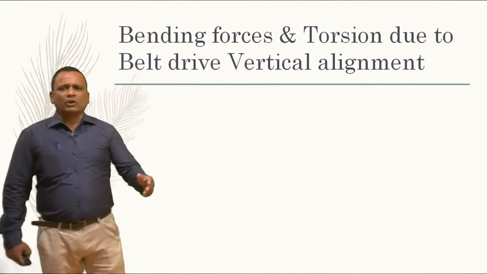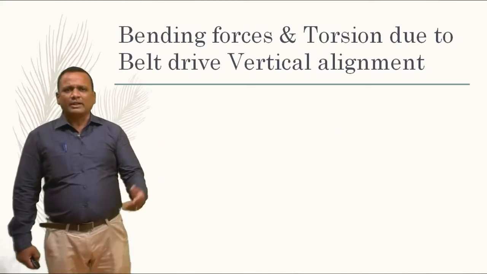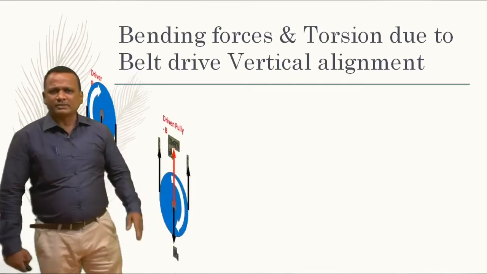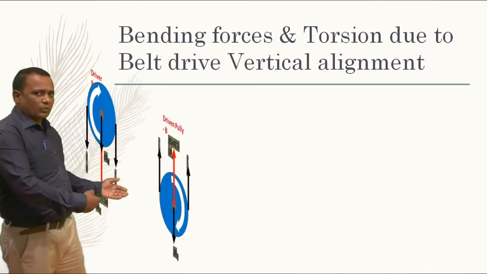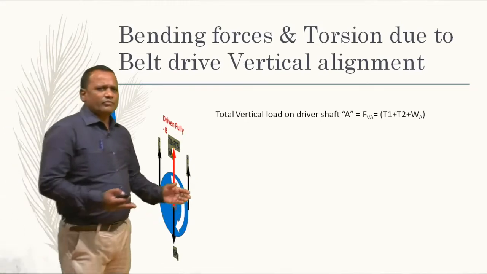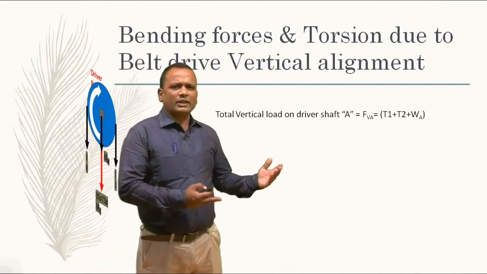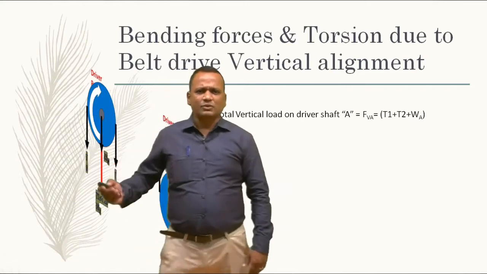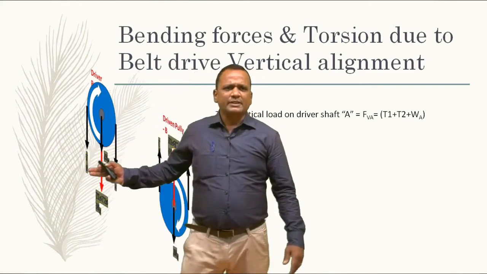Next, what are the bending forces and torsion due to the belt drive? It's similar to what we saw in the horizontal case. The total vertical load on the driving shaft A is equal to FVA.